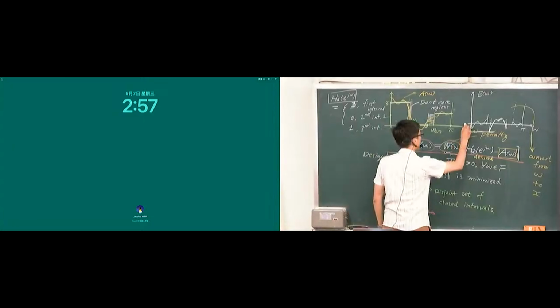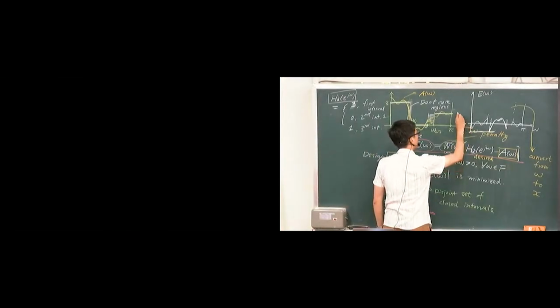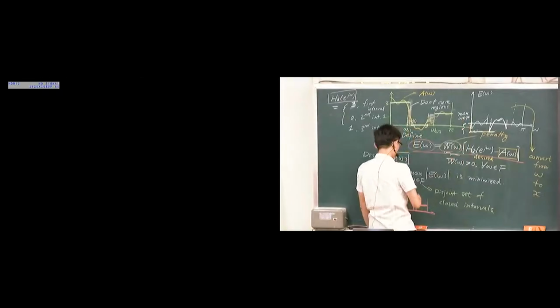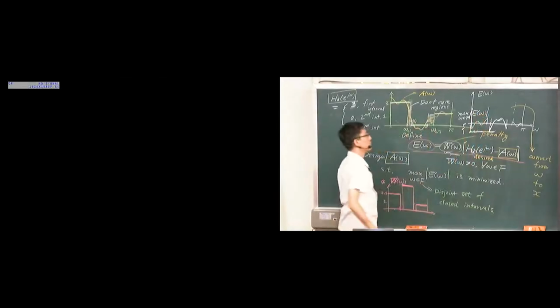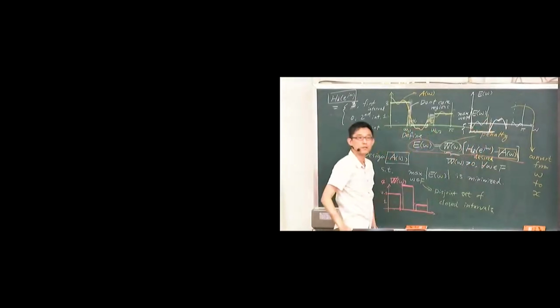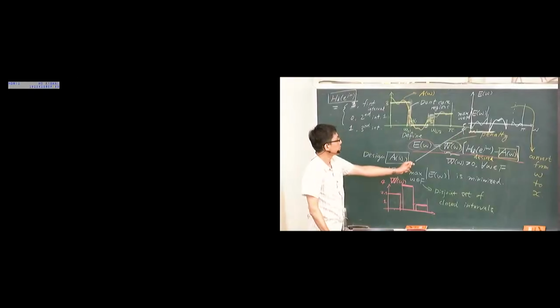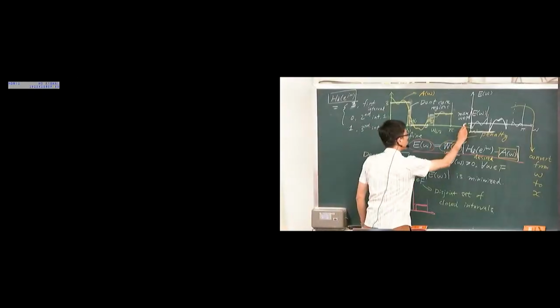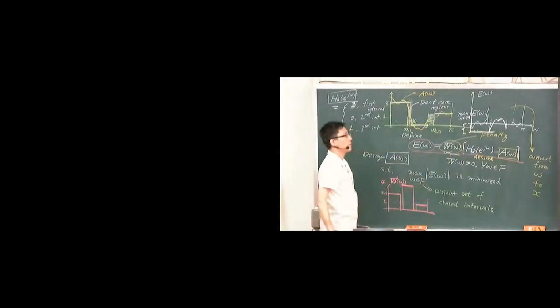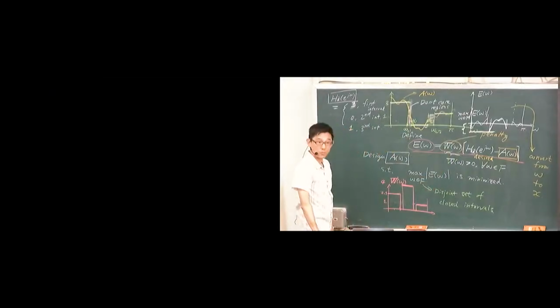So I'm saying that this is the maximum over all the omega in the region we care about, the disjoint intervals, of the absolute value of the weighted approximation error. Of course, in this case, this needs to go positive, but you know that. That's the maximum approximation error to be minimized.